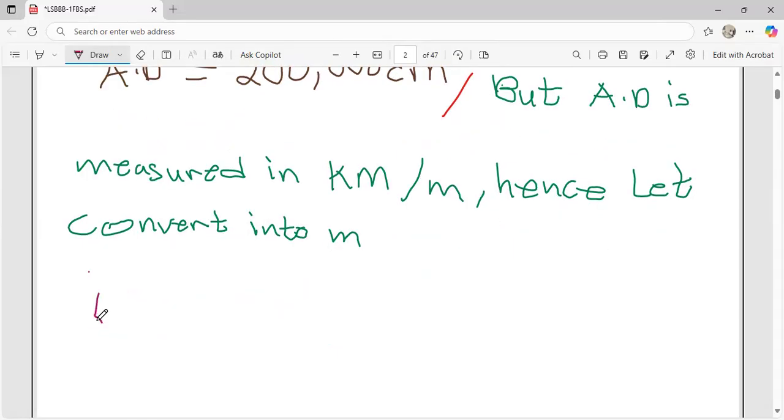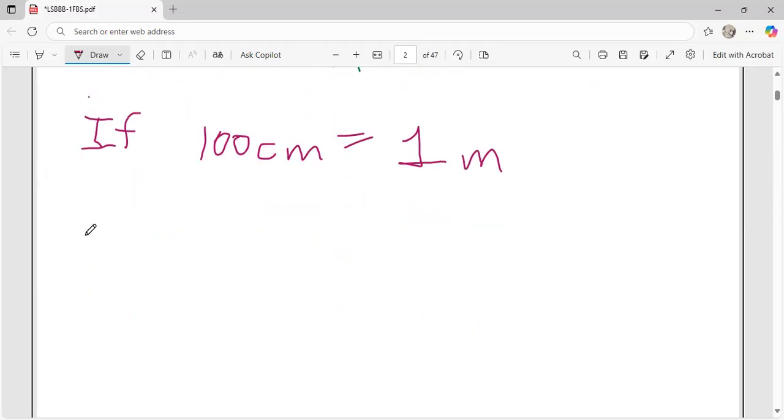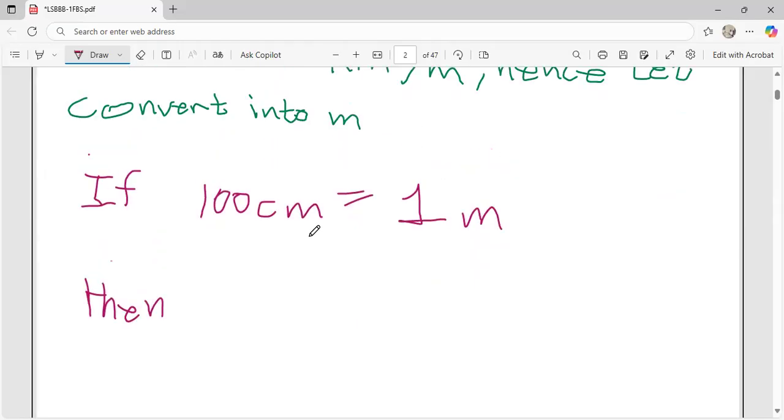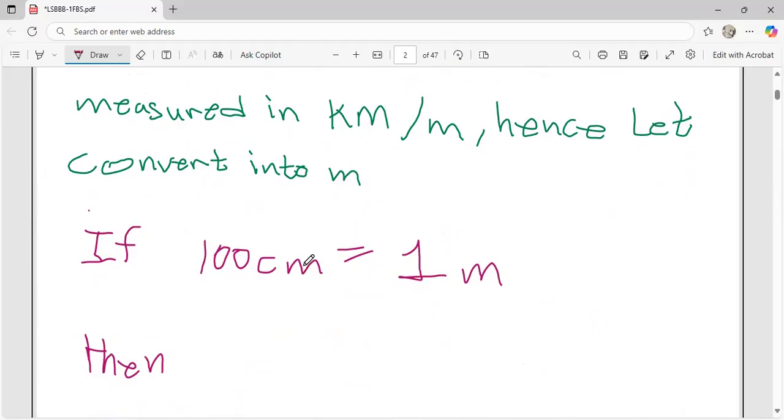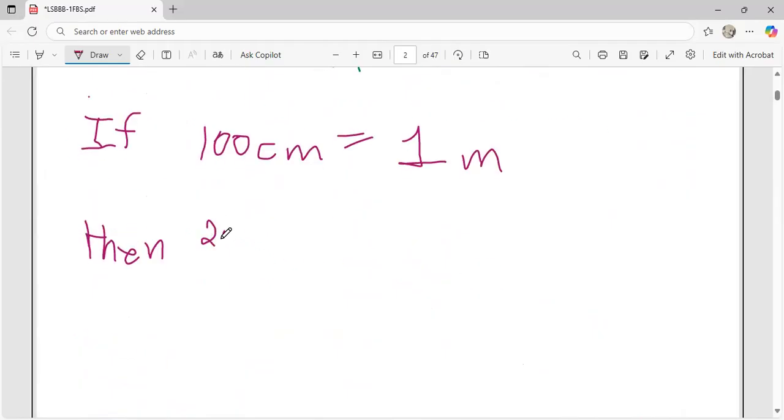So if 100 centimeters is equal to 1 meter, then 200,000 centimeters is equal to what? X.